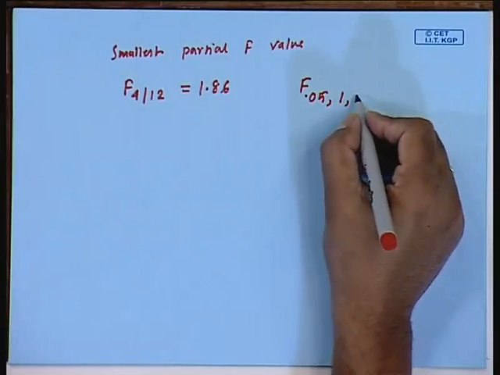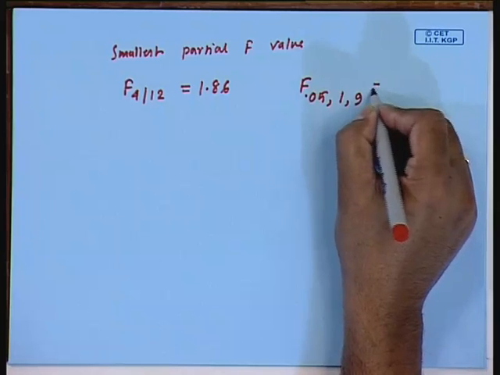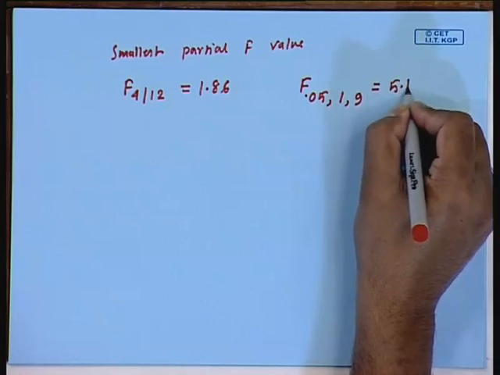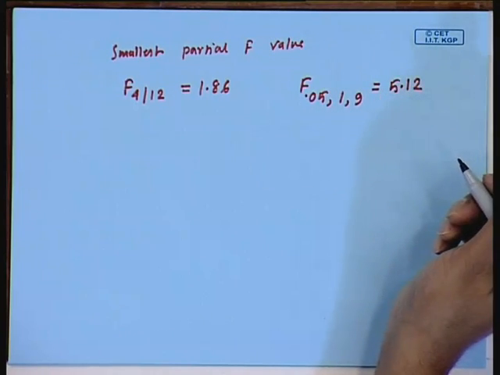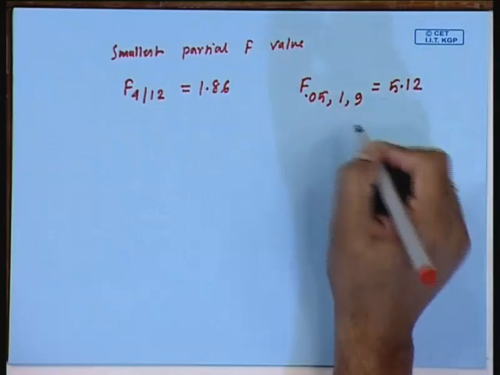This value is equal to 5.12, and this is the f out.